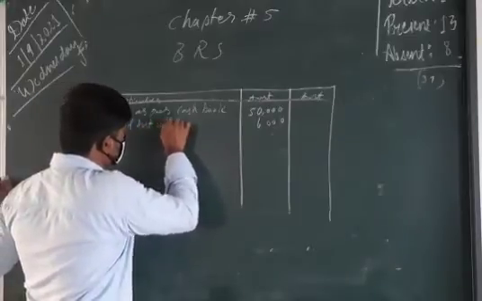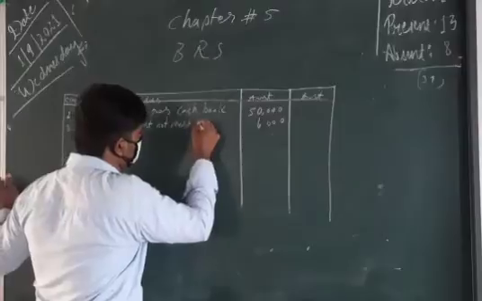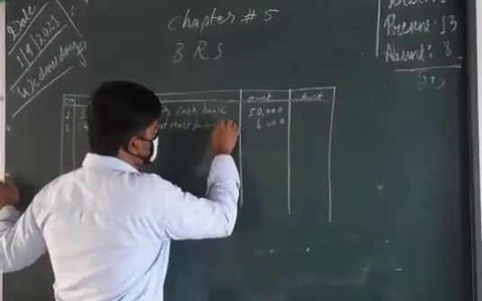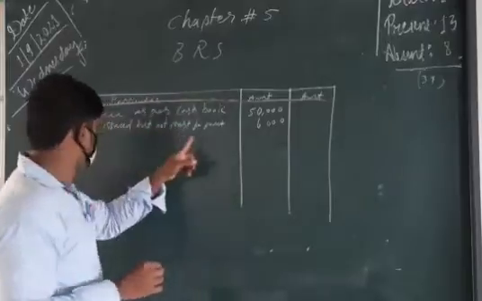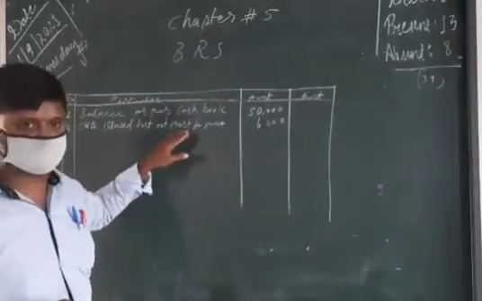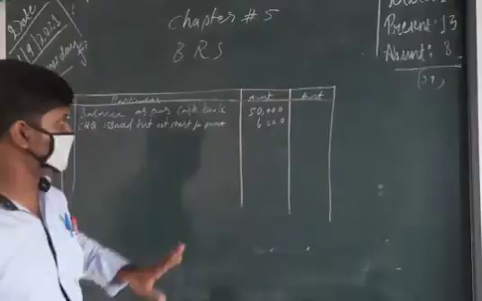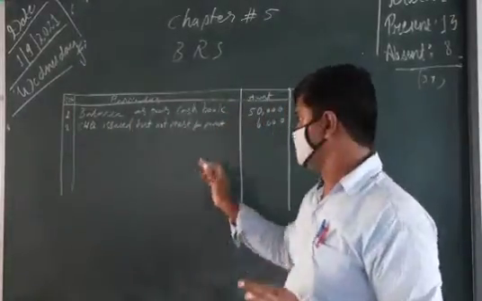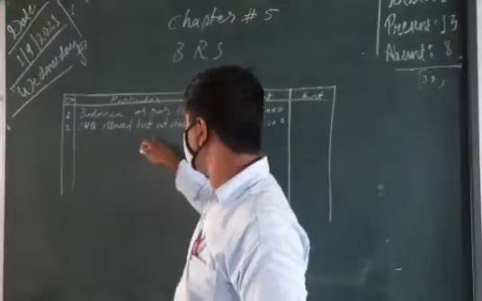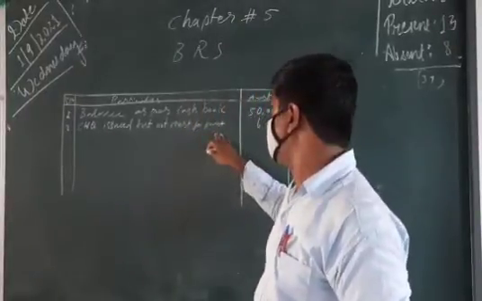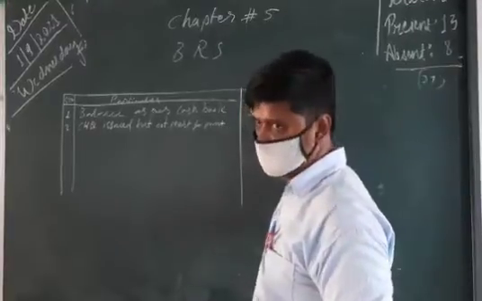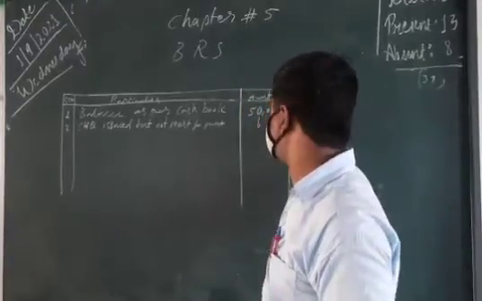When you are writing, you have to write it complete. So: check issued but not presented for payment. Clear now? That amount is 6,000. You understand why that 6,000 is added?